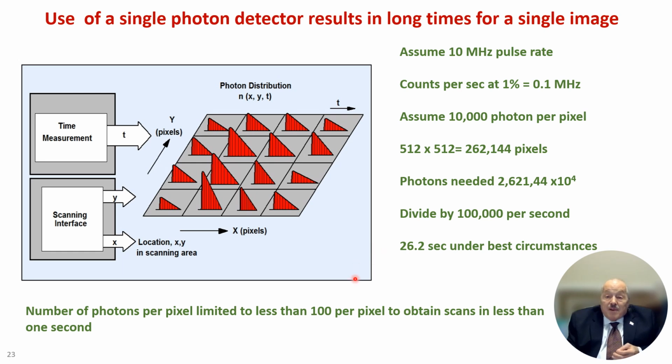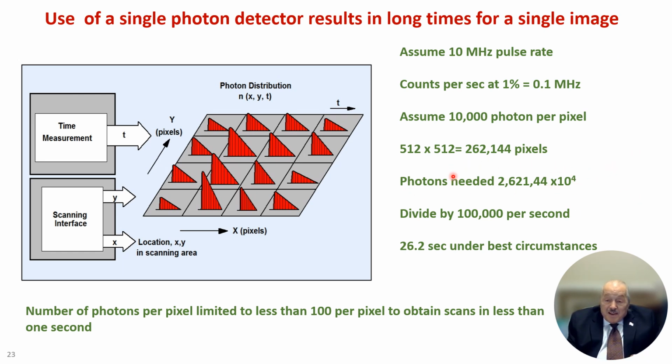Pulse pileup creates an enormous problem for FLIM, because now you're trying to collect 250,000 intensity decays, and I made some assumptions here, so I just did a guess how long it will take to do a scan. So let's assume we're using a 10 megahertz pulse rate. If we can count at 1%, that's 100 kilohertz photon rate is the maximum we can collect.